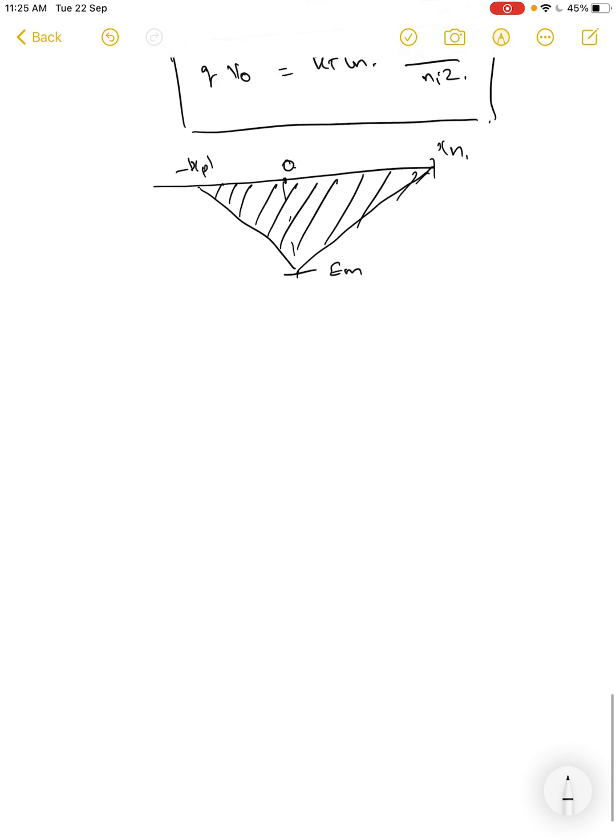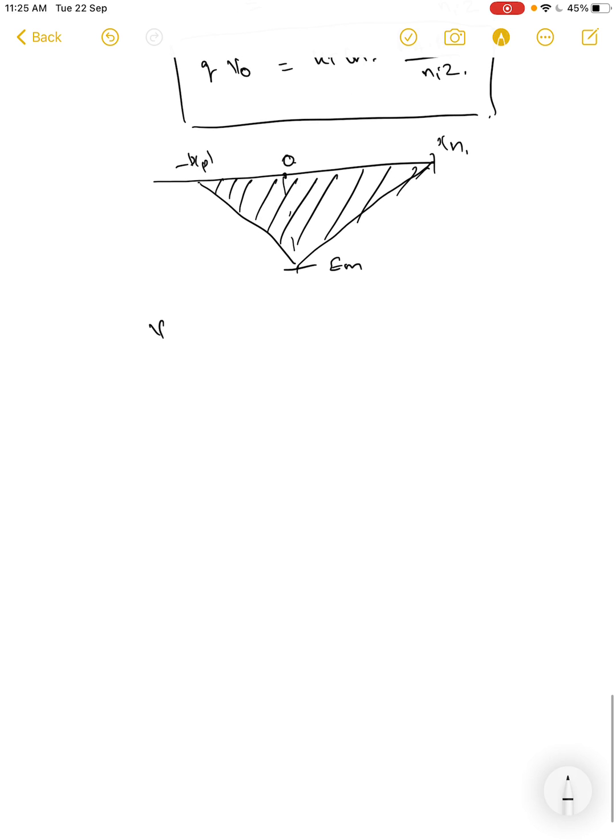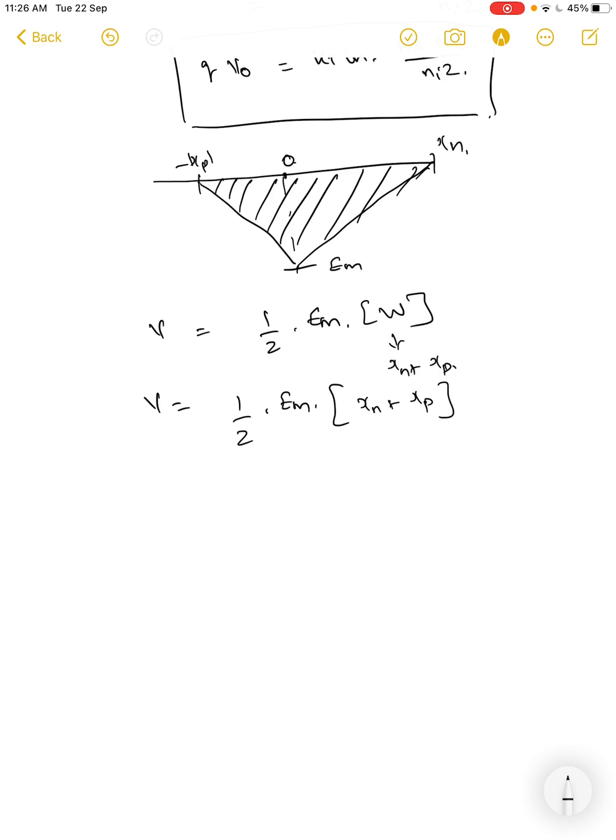So V should be half E max into the width of this region in which you have these charge densities, which is equal to Xn plus Xp, right? So your V is half Em times Xn plus Xp.